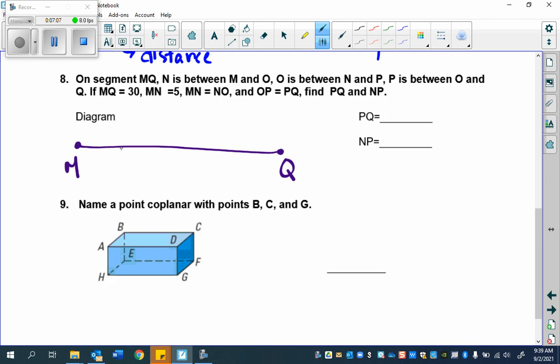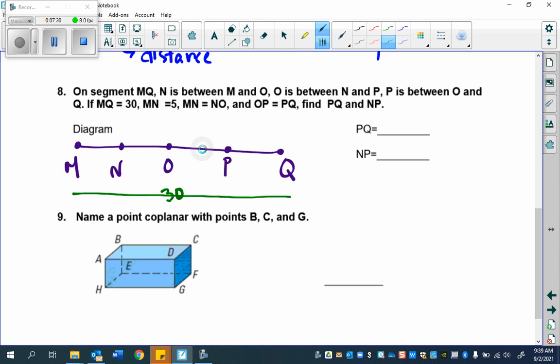N is between M and O. So we'll draw N and we'll draw O. O is between N and P. And I know P is between O and Q. Okay, that makes sense. The distance from M to Q is going to be 30.